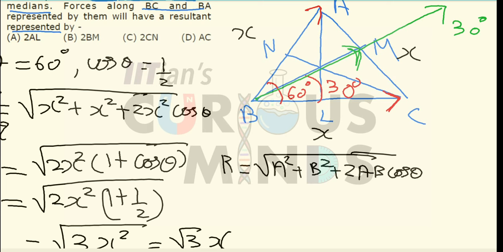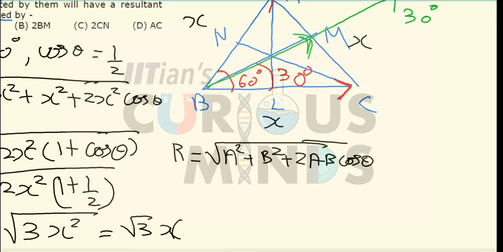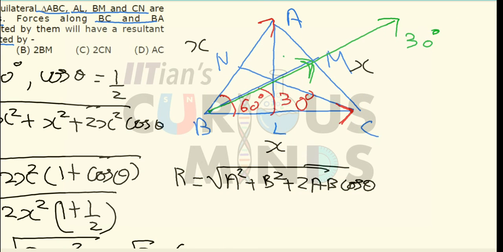In order to determine the magnitude, we first find out the length of BM. This angle over here will be equal to 90 degrees.